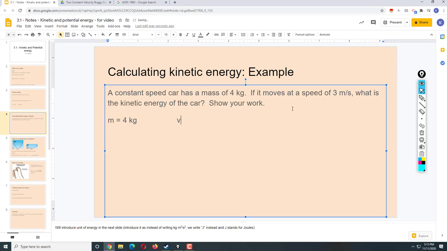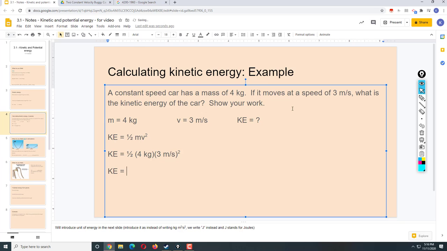Speed is 3, so for the magnitude, the number for the velocity is 3. We want to find kinetic energy. Kinetic energy is 1/2 mv squared. We can plug this in. That's 1/2 times 4 kilograms times 3 meters per second squared.